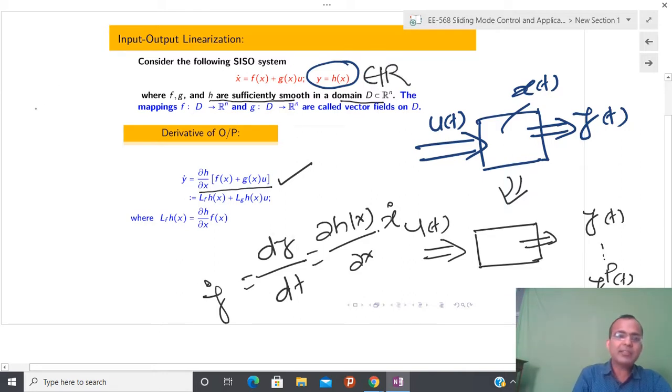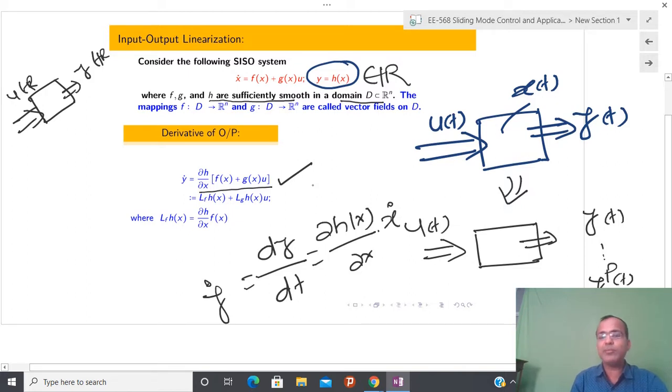I have a system where input u belongs to R and output y belongs to R, that I am assuming. So if you take the derivative, what is the dimension of that? y is a scalar, so what is the derivative of that? Is it a scalar or a vector? A scalar only.